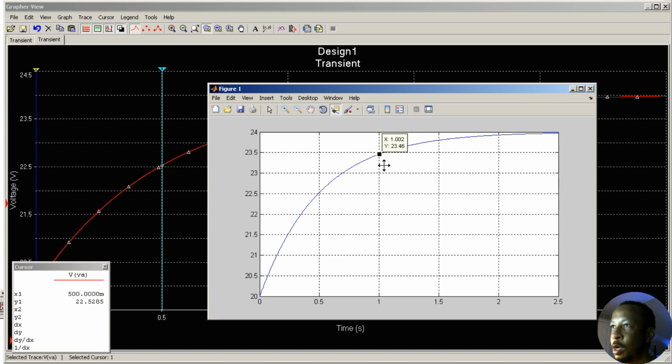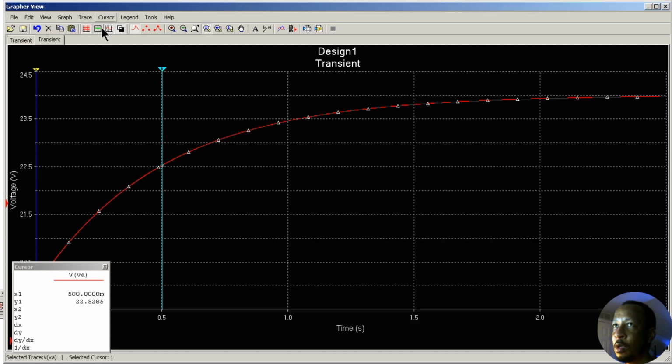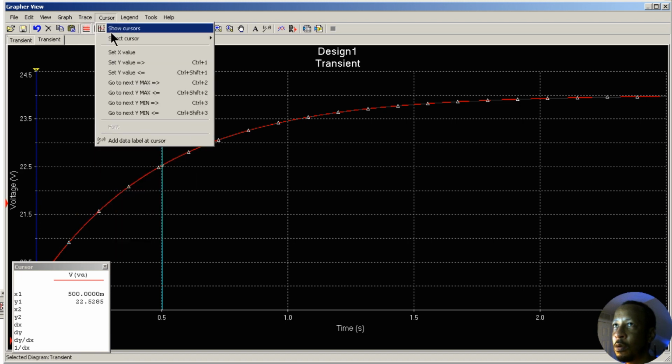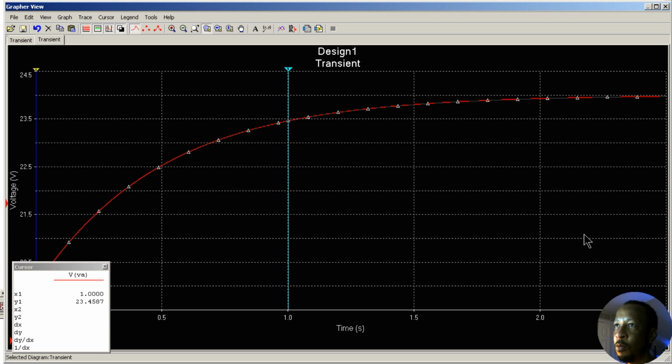Next, let's go on to 1. These are arbitrary points. You can choose your points as you wish. At 1, I have a value of 23.46. Let's go over to this here and take a look at the cursor at 1: 23.4587.